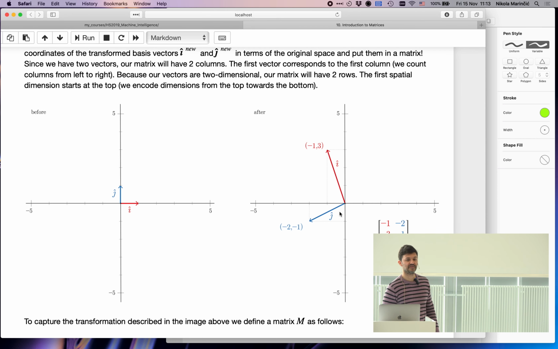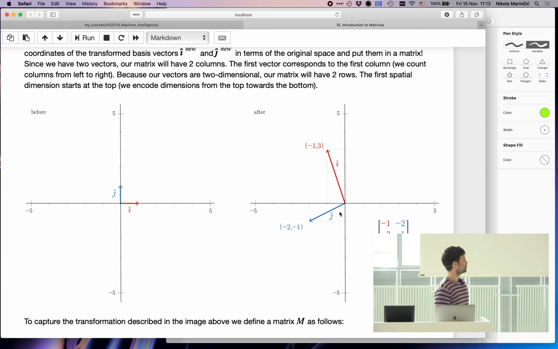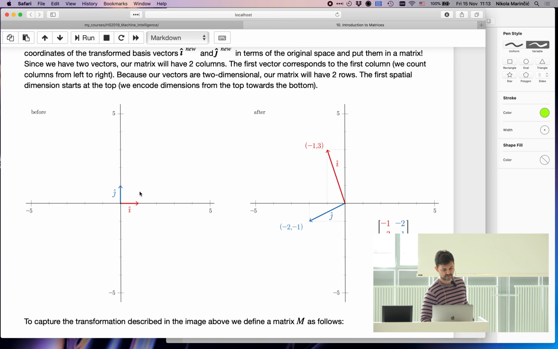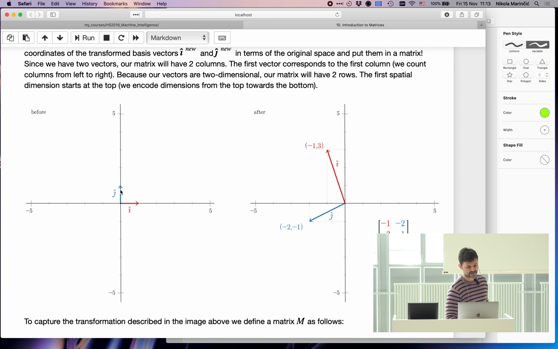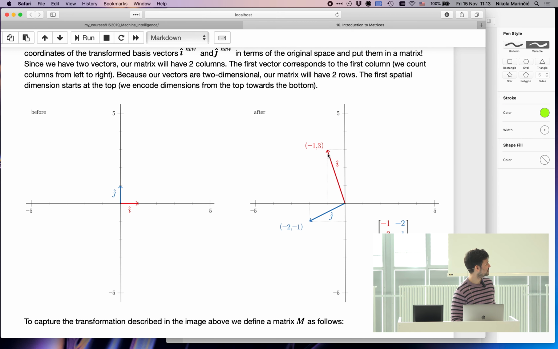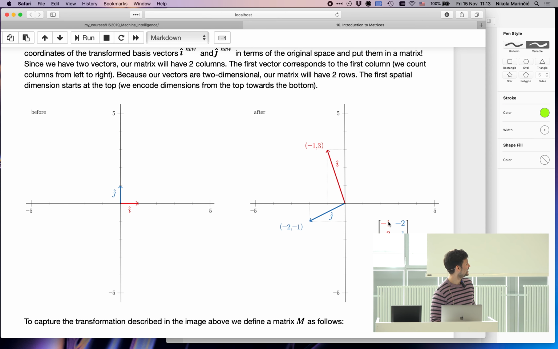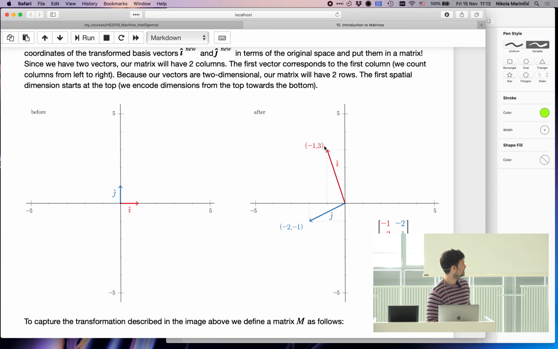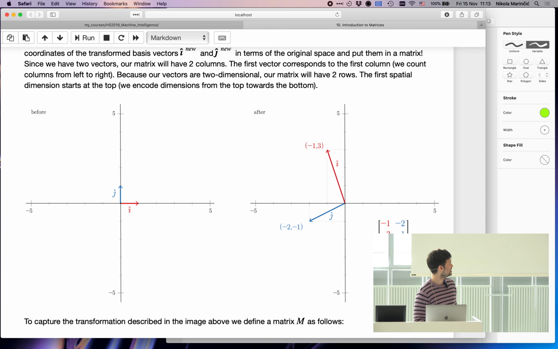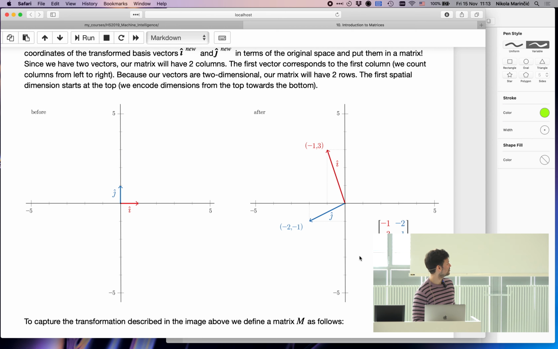And then what I told you, what matrices do, they capture where the basis vectors land. So i used to be 1, 0, j used to be 0, 1, but now after the transformation, in terms of the old space, i lands on -1, 3, and j lands on -2, -1.